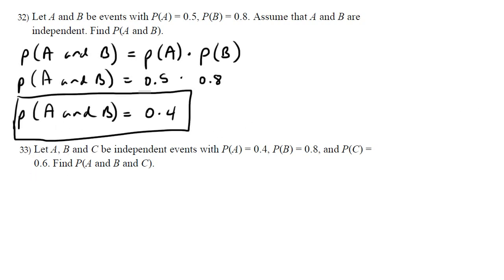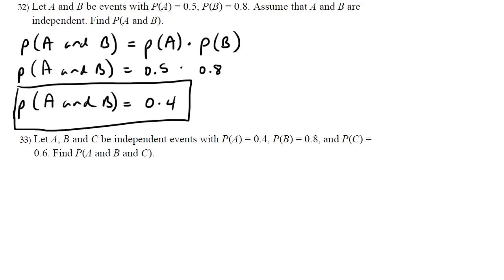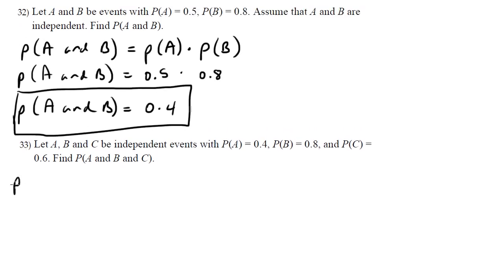Okay, next 33. Also independent events. So we're using the same kind of formula. The probability of A and B and C. Multiply them.